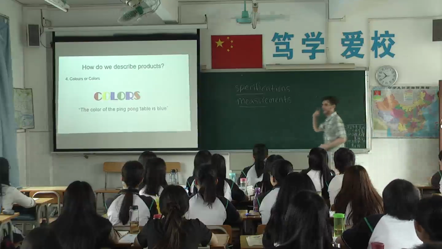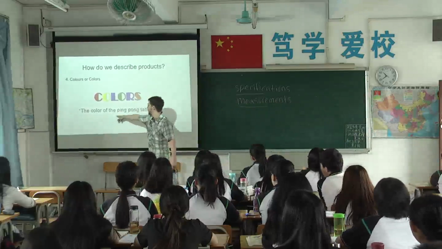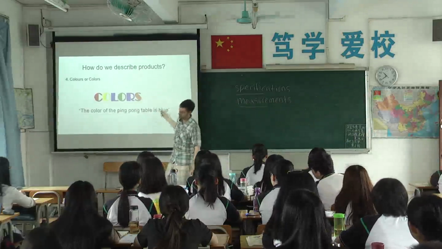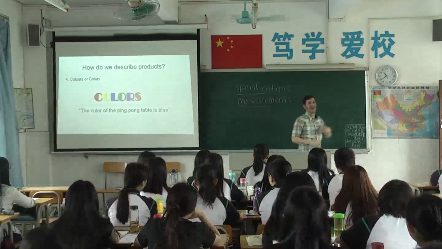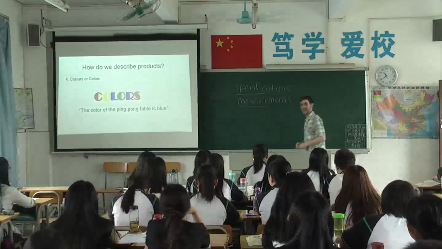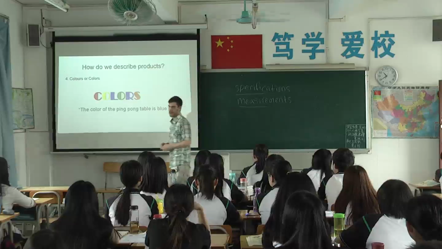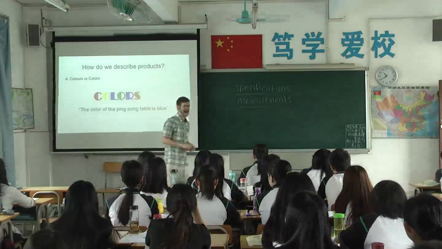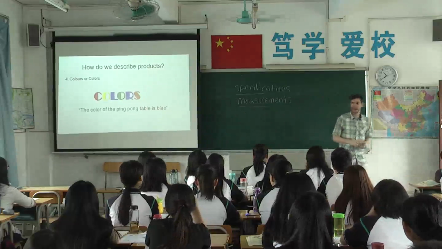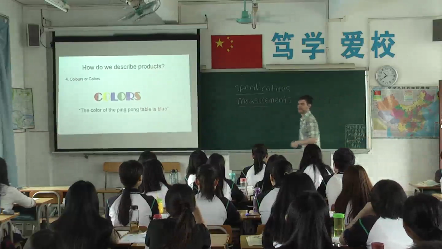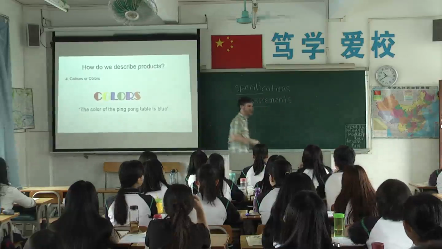Excuse me, what is the color of your ping pong table? Good job. There are many products that have many different colors. It might not be that easy to say one color, right? If someone wants to buy maybe a dress, or maybe something else, you might have to describe more than one color.